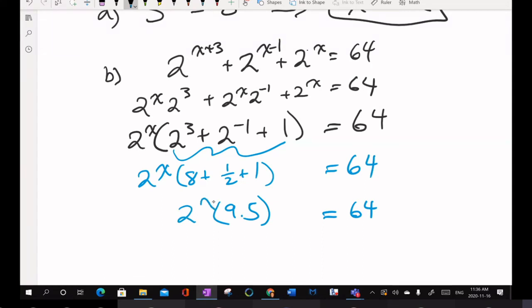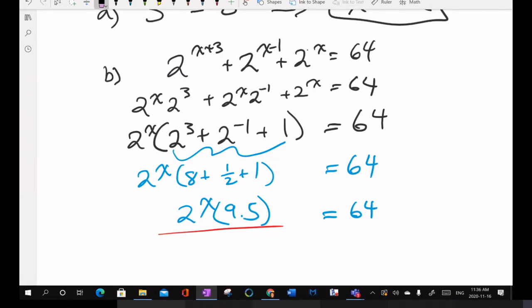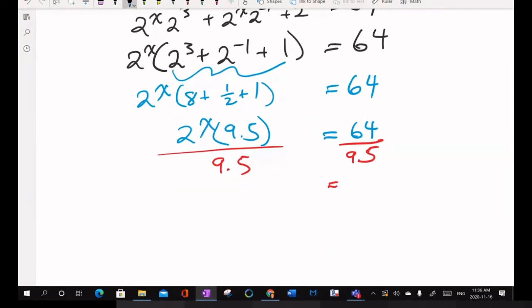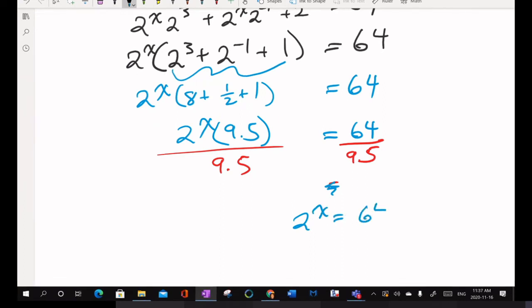So now to get 2 to the x by itself, we have to divide both sides not by 2, but by 9.5, whatever was in that bracket. 64 divided by 9.5 is approximately 6.7368. So 2 to the x is equal to 64 divided by 9.5.